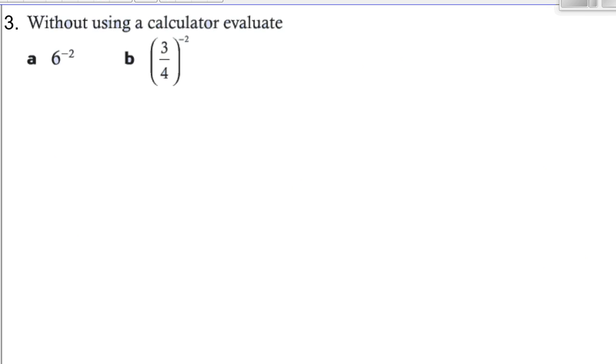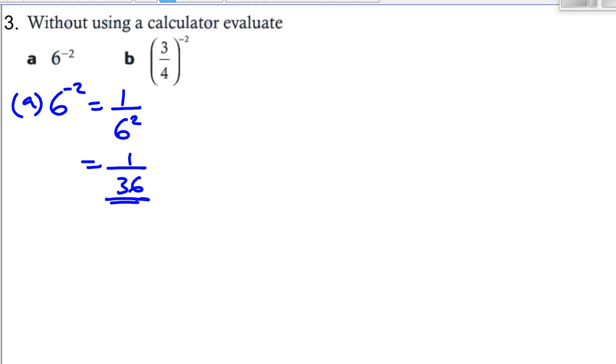Okay, here is another question. Without using a calculator, of course you're not using a calculator. Evaluate this. Now, the first one we have 6 to power negative 2, which is same as 1 over 6 to power 2, which will give us 1 over 36, because 6 squared is 36.